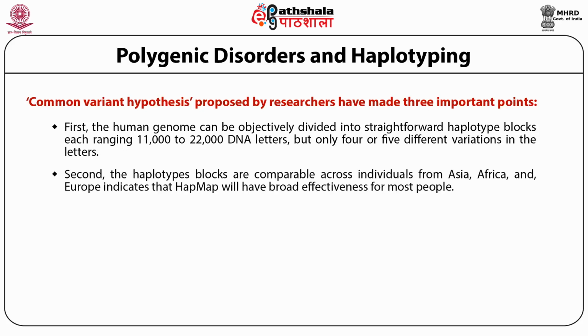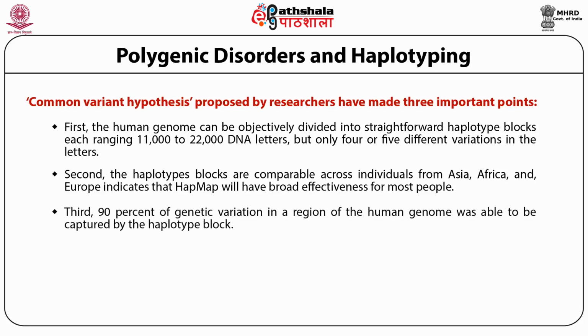Second, the haplotype blocks are comparable across individuals from Asia, Africa, and Europe, which indicates that HapMap will have broad effectiveness for most people. Third, 90% of genetic variation in a region of the human genome was able to be captured by the haplotype blocks, as reported by Morton in 2002.